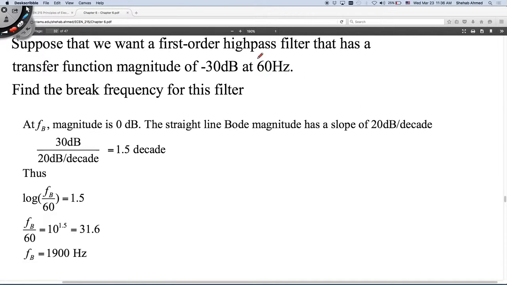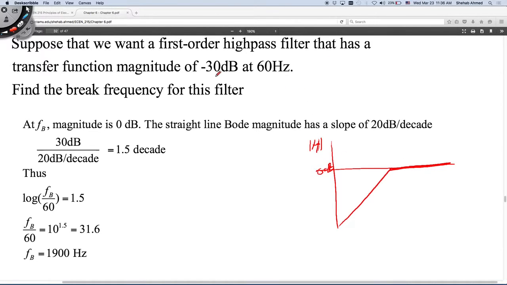Okay, so this is a high pass filter, so let me draw the magnitude plot. What does the magnitude plot for the high pass filter look like? Attenuation at low frequency, right? And then at high frequency it's 0 or no attenuation, 0 dB. So this is the magnitude plot of the high pass filter.